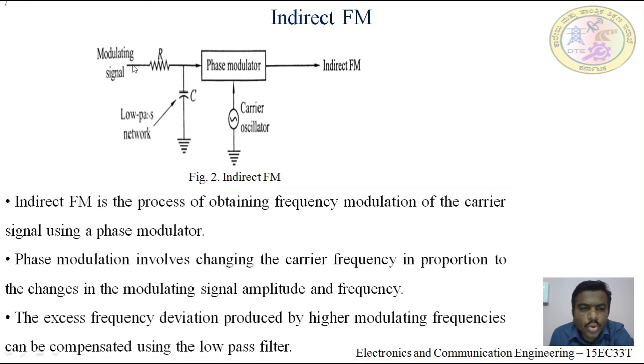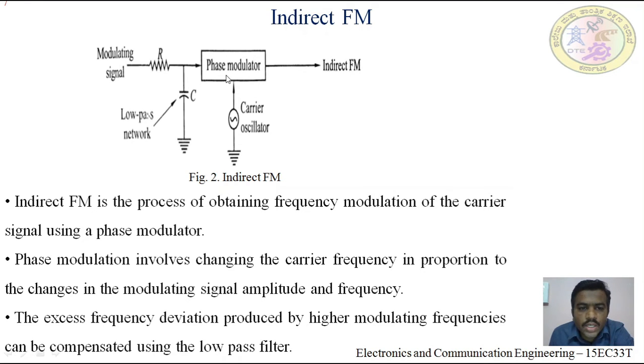In frequency modulation, frequency of the carrier is made to change according to the changes in the amplitude of the modulating signal. Hence, if the frequency of the modulating signal changes, there will be no change in the frequency of the carrier in frequency modulation.